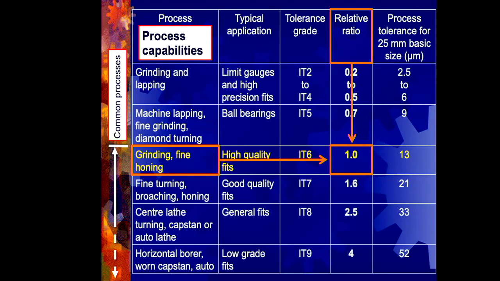And on we go. Lathe, turning, auto lathe, then we go into boring with a turret capstan. A capstan is the bit that holds the component that we're machining. And IT6 goes to IT7, IT8. So if you're just doing a standard machining operation, you get Octave to put a component onto his CNC machine, you could expect an IT7 kind of result.